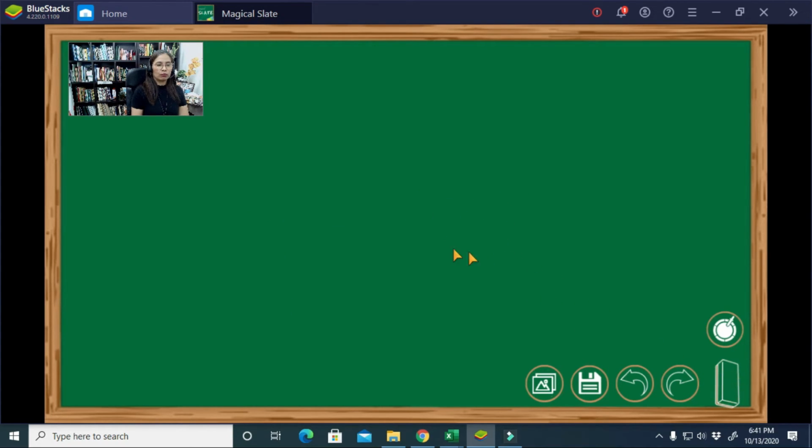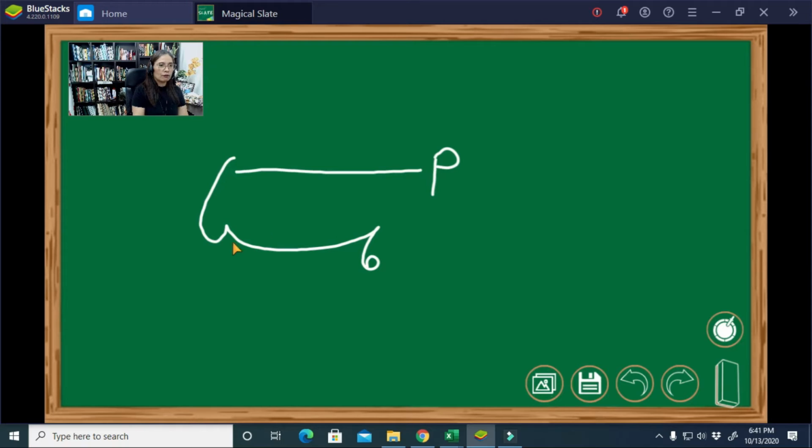Okay. One more example. We have this one. Downward curve. And then the short O. And then L. Alright. Okay. Let's try to identify the letters here. According to the sounds, we do have here the letter P. Very good. And then the letter O. Yes. What about this one?